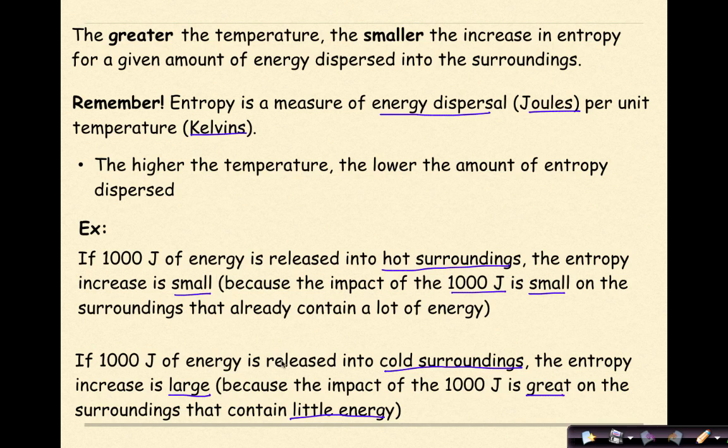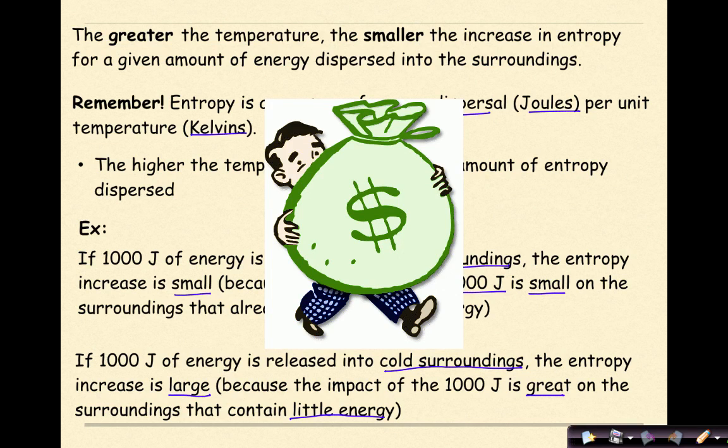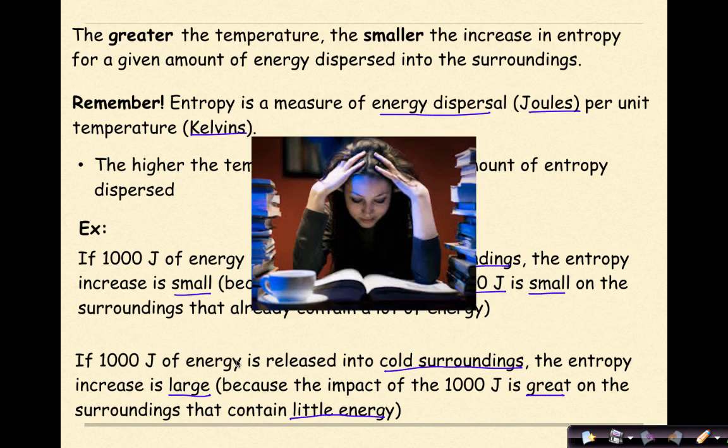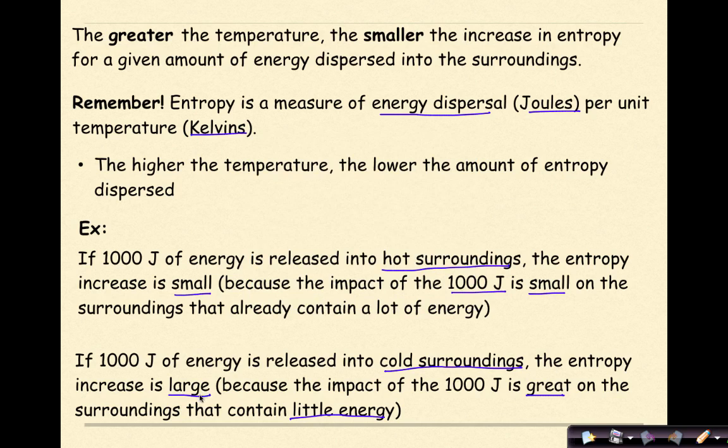Now let's relate that to you. In this first example, let's imagine that someone who is very, very wealthy suddenly receives $1,000. That $1,000 probably doesn't mean that much to a very, very wealthy person. But if I take that same $1,000 and I give it to someone who is not so wealthy, maybe a senior in high school that's going on to college, that's going to have a lot of student debt, well, that $1,000 will mean a lot more.